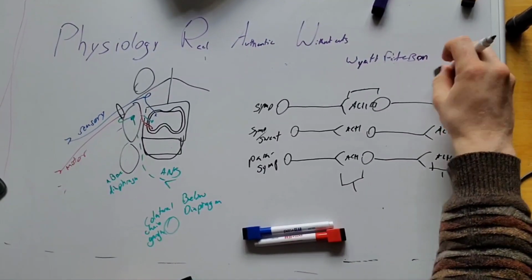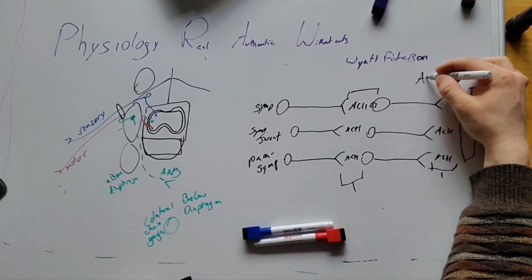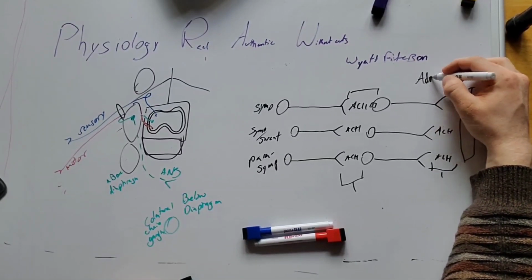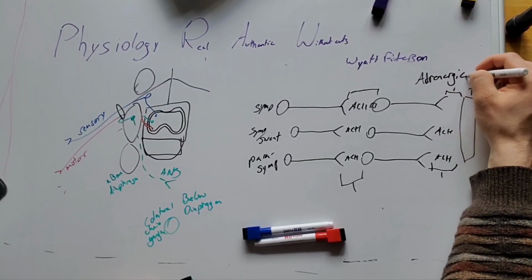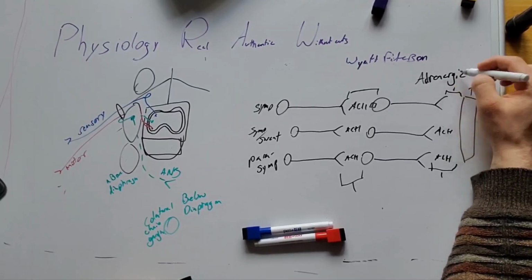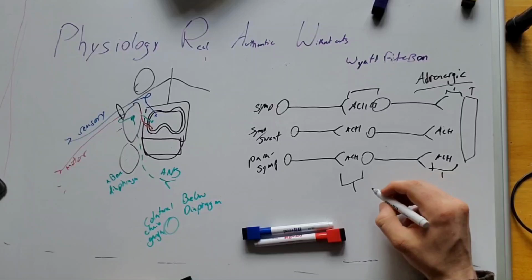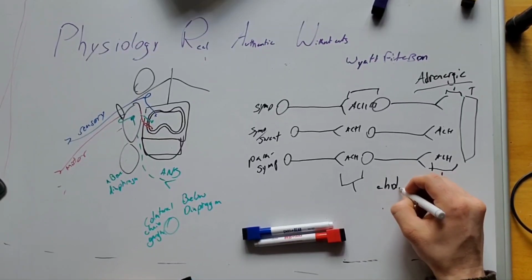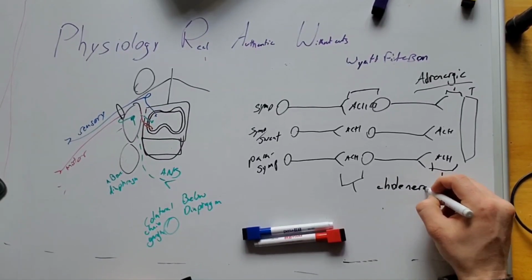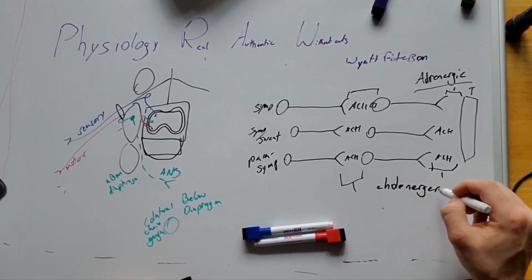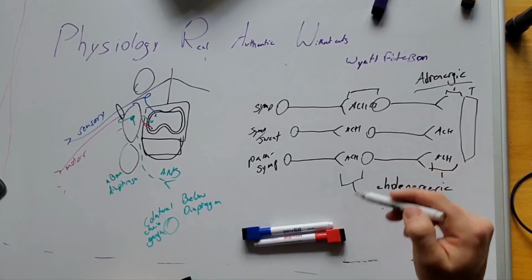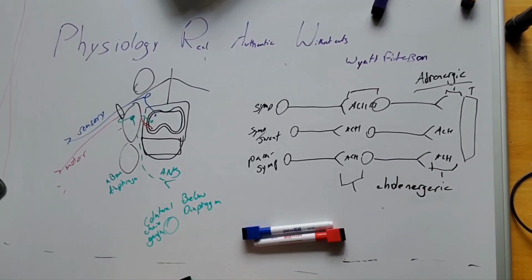I'm going to just spell it out because I am bad at saying this word. Adrenergic. So this one is the only one that's this, while all these other ones are cholinergic, meaning they have acetylcholine in them.